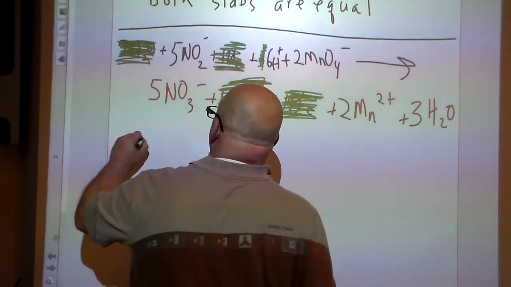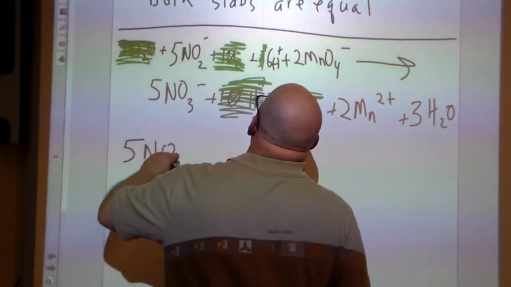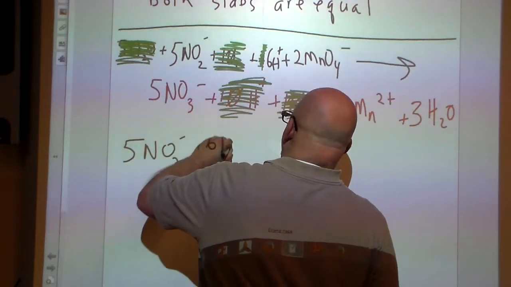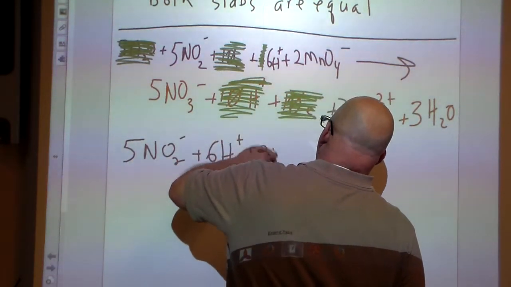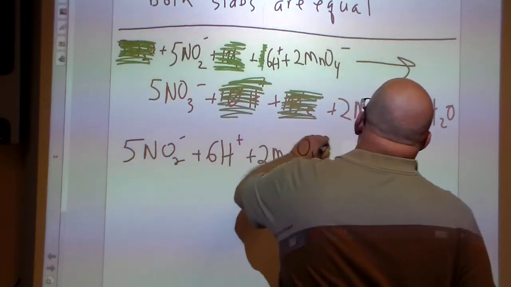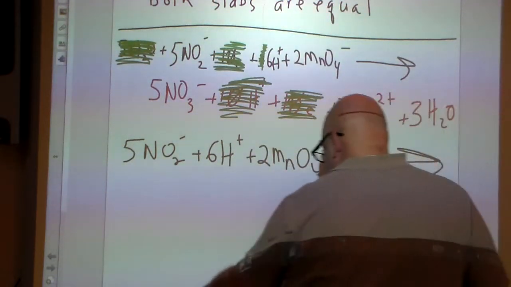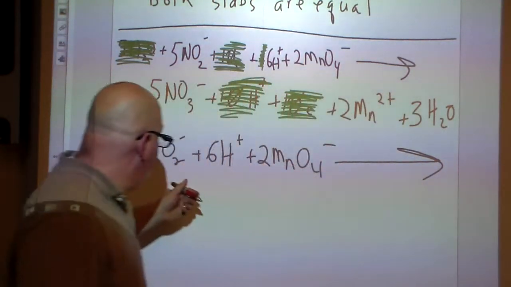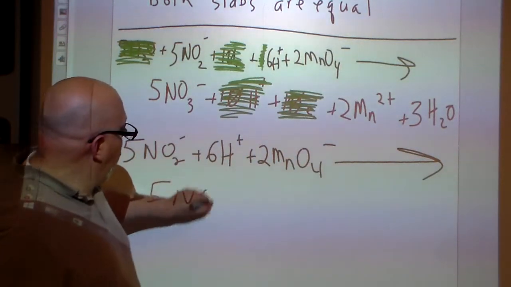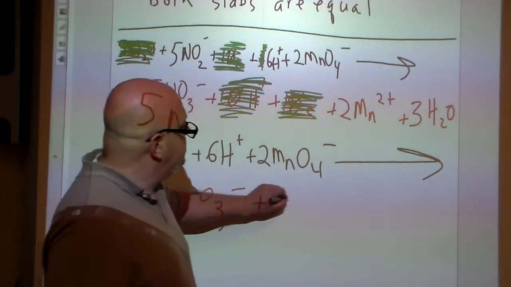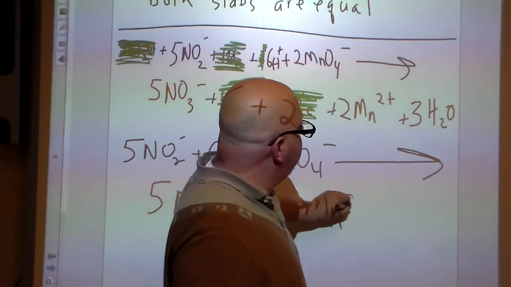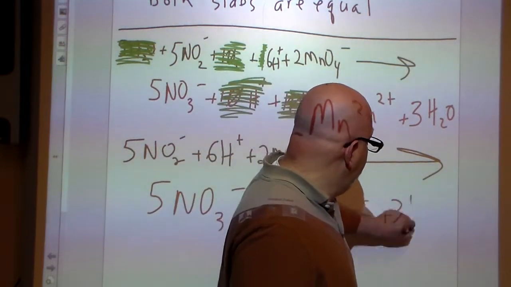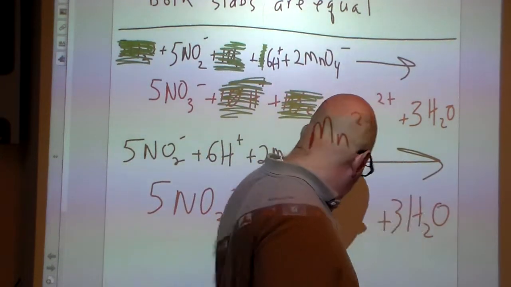Okay, so 5NO2⁻ + 6H⁺ + 2MnO4⁻ is going to result in 5NO3⁻ + 2Mn²⁺ + 3H2O.